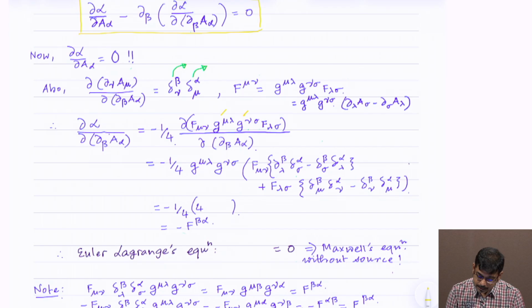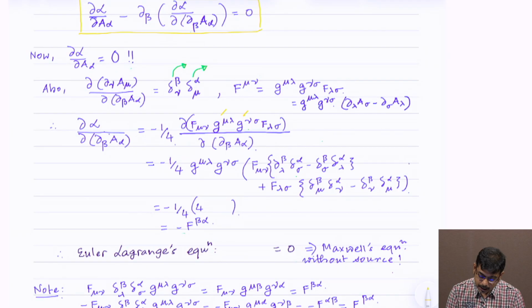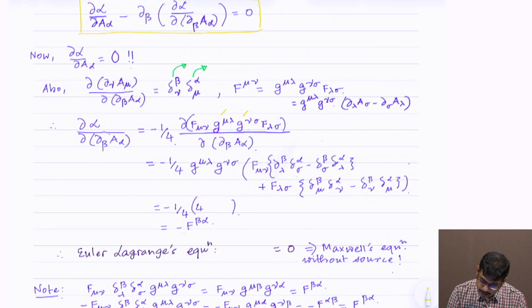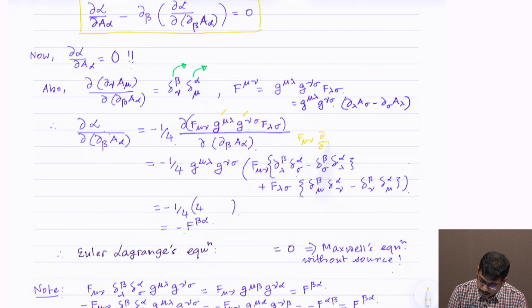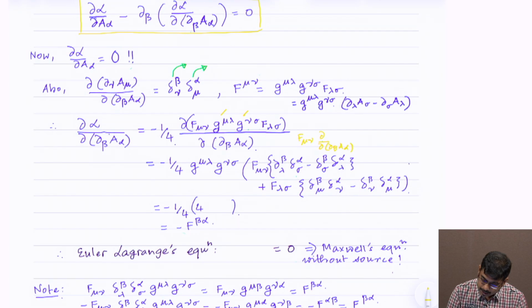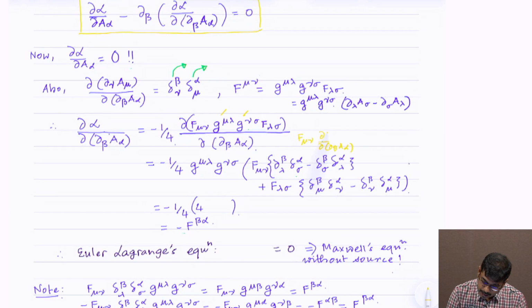And then this quantity: first you see that you have basically a derivative of f mu nu, del of del beta A alpha acting on f of lambda sigma.